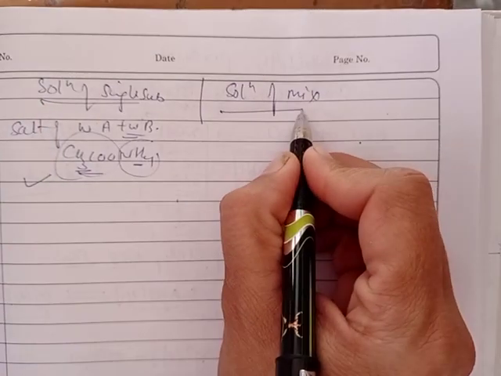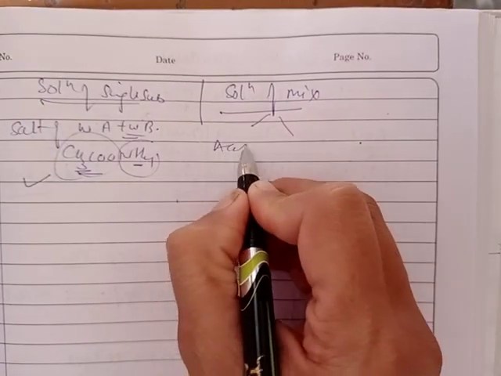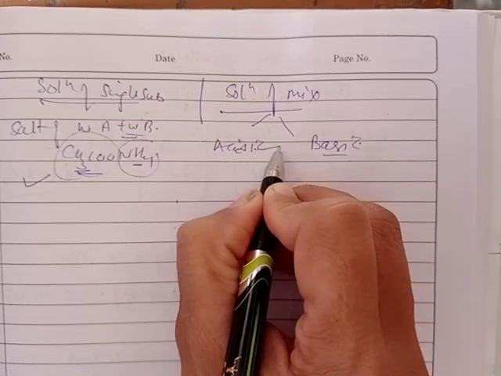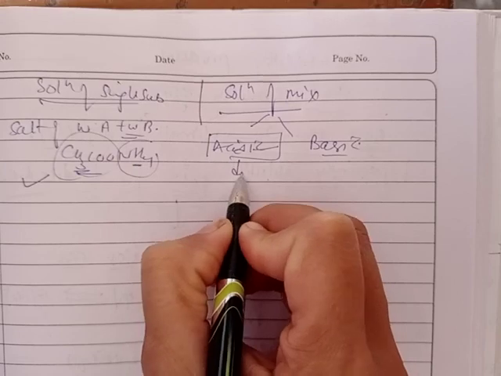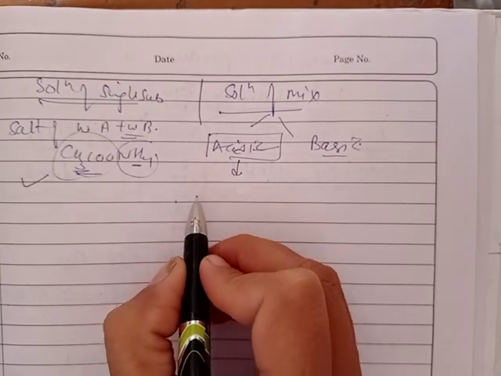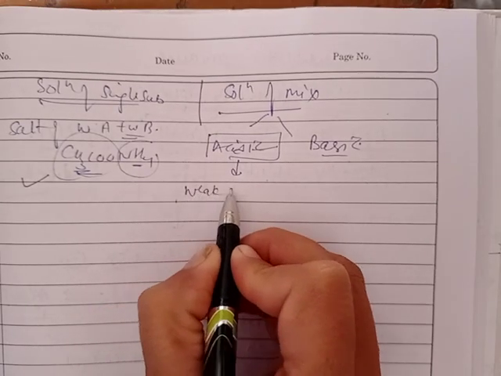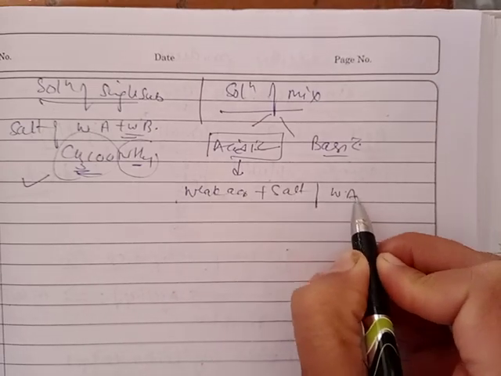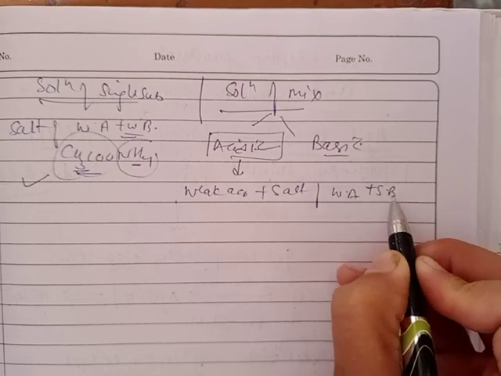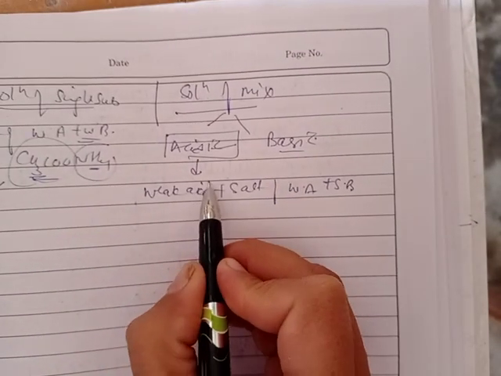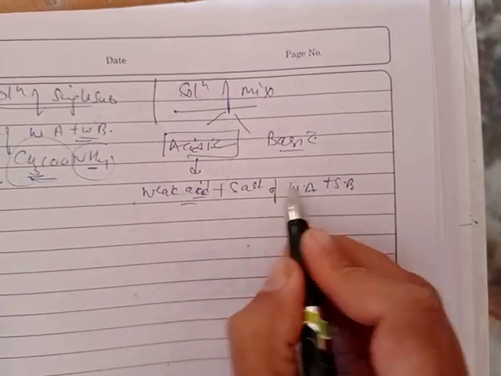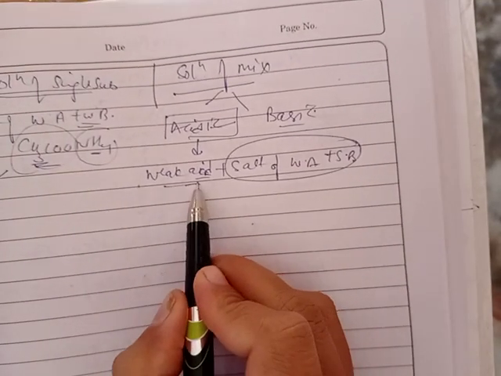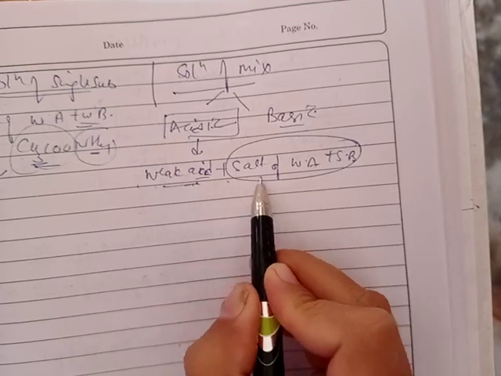Next is the solution of a mixture. It is of two types. First is called acidic buffer and second is called basic buffer. Now first, acidic buffer. It is a solution of a mixture of a weak acid plus a salt of the weak acid with a strong base.